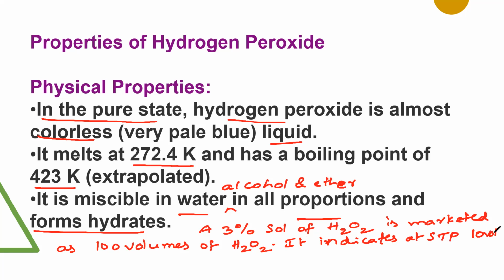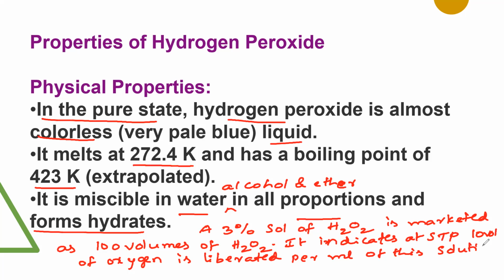10 volumes of oxygen gas is liberated per ml of this solution. So this is called a 3% solution of hydrogen peroxide.